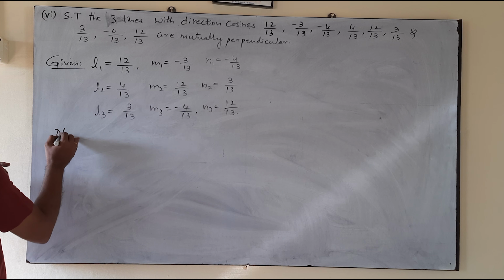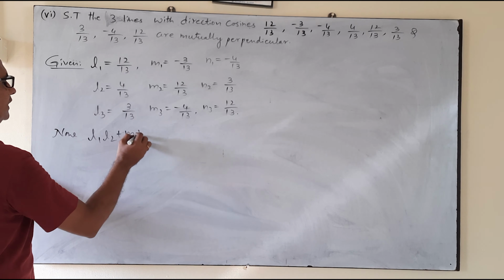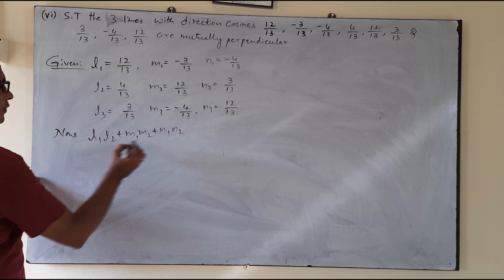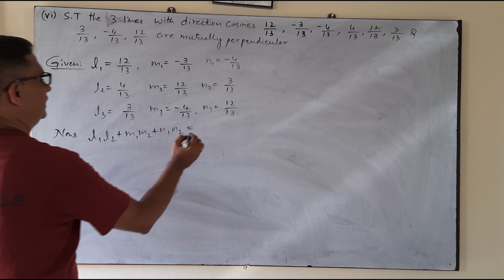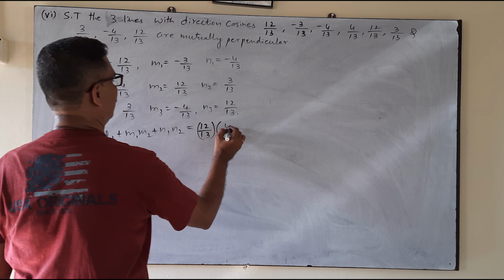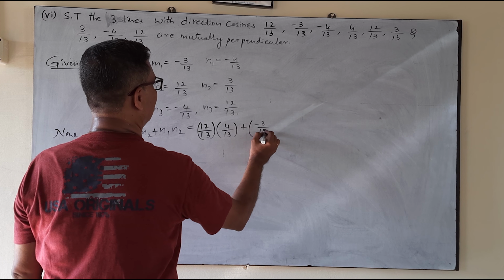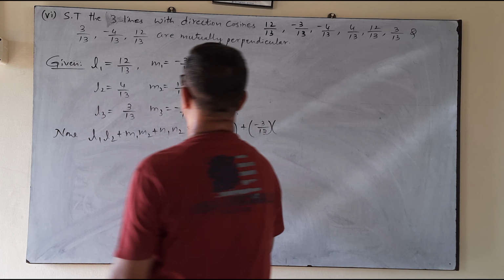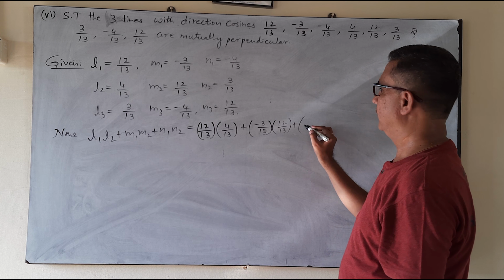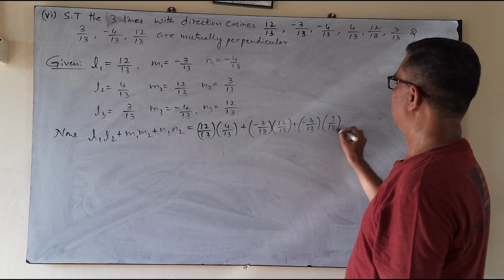Okay, let us find one by one. First we take L1 L2 plus M1 M2 plus N1 N2 and substitute: L1 is 12 by 13, L2 is 4 by 13, plus M1 minus 3 by 13, M2 12 by 13, plus N1 minus 4 by 13, N2 3 by 13.